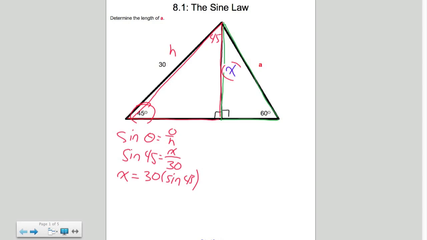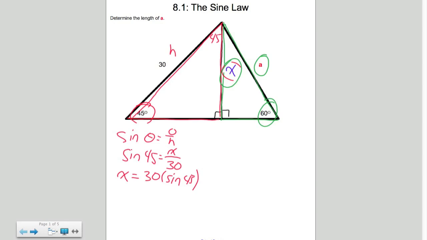What can we do with the green triangle now? Now we know what x is. Let's start simply. What are we going to work with? 60, and x, and probably what we're interested in, a. What's the relationship between those three?